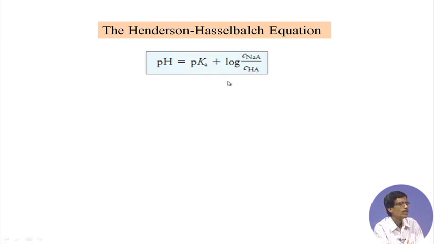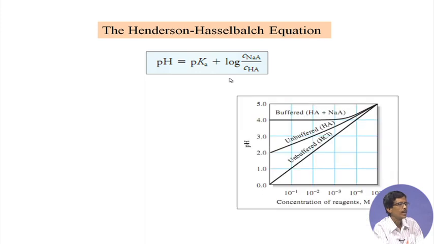So, this equation is basically useful to see the change in pH value with the change in the concentration of the reagent. When we change the concentration of the reagent HCl, say from 10 to the power minus 3 moving from right to left, the concentration is increasing.